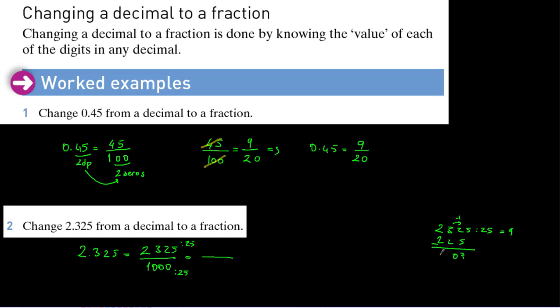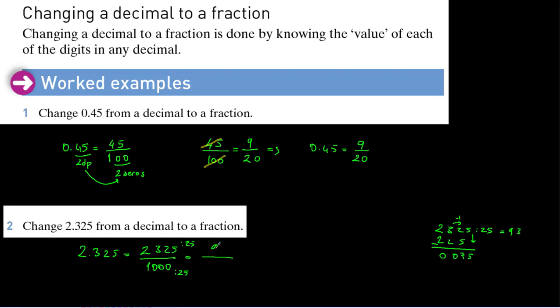So here only the answer is 7. We bring this 5 down, which is 75. I'm doing normal division, you know the rules of it. In 75 we have 25 three times, so the answer is 93.